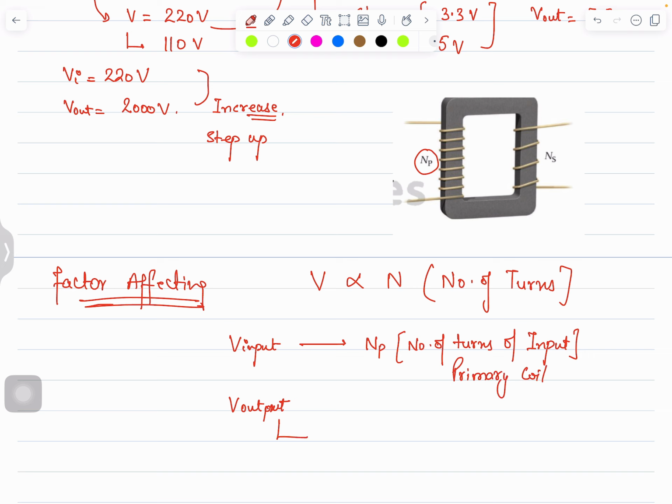Similarly, for output we use NS, which is called the number of turns of output, or you can say secondary. Is it fine, guys?